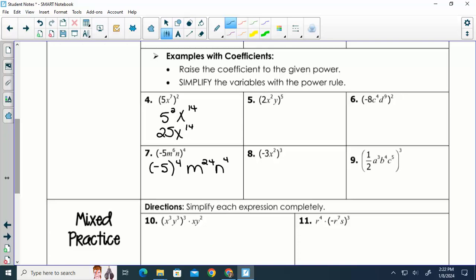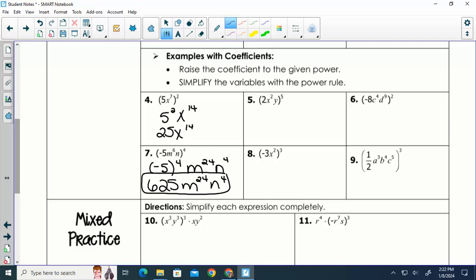If you type that in your calculator without parentheses, you will get a negative answer. But if you type it in negative 5 in parentheses, and the fourth on the outside, what do you get? Did everybody get a positive 625?